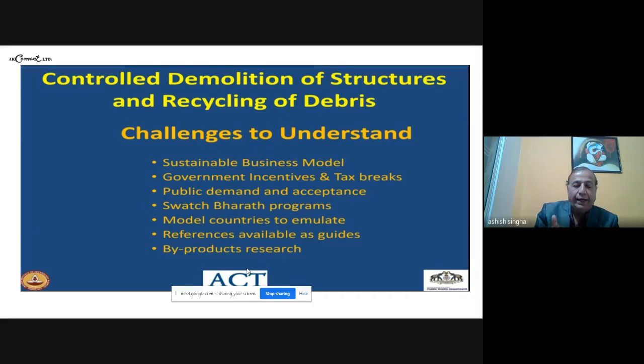Meaning thereby that in such advanced countries, they have developed a model, they have devised the techniques, the government is supporting, and there is a good amount of awareness in the stakeholders so that they can use these materials for further constructions and thereby reduce the burden on the country.